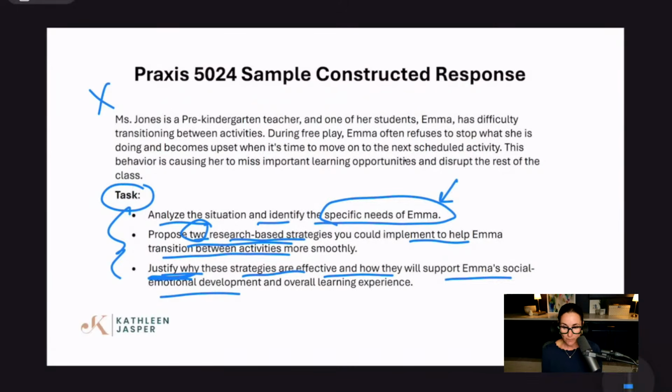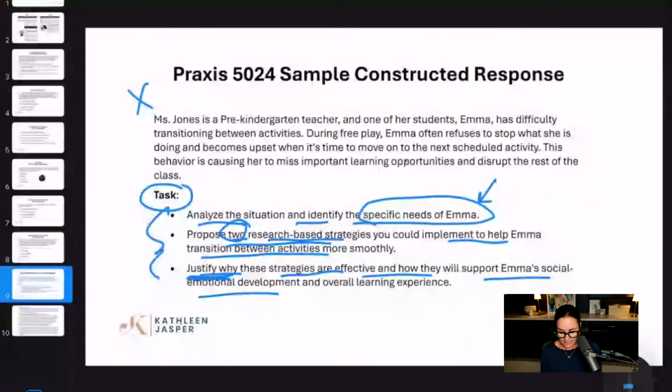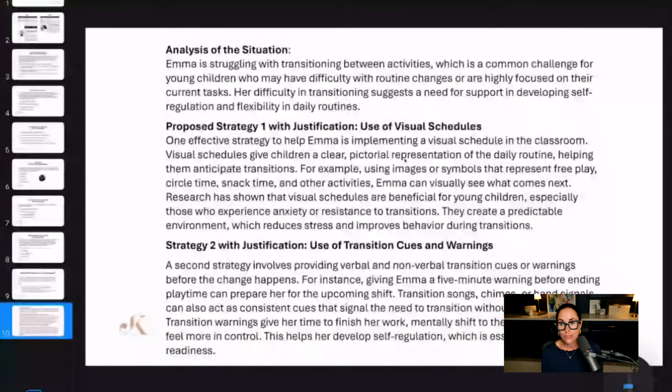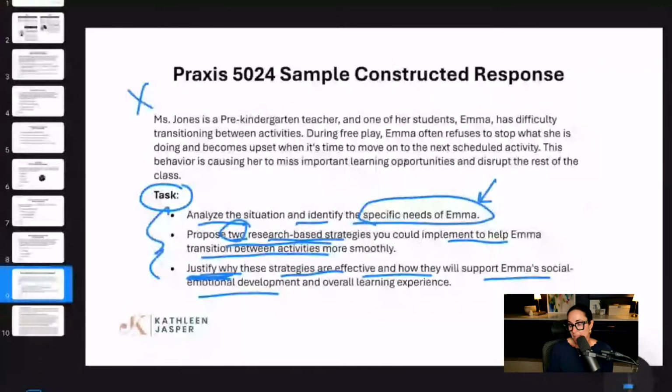Now that I know what I'm expected to do, what I'm going to probably do is divide this into, as you can see here, 3 paragraphs. I've got what's going on with Emma, strategy 1 and strategy 2. Why do I do that? Because it checks the boxes and it shows my grader that I know what I'm talking about.